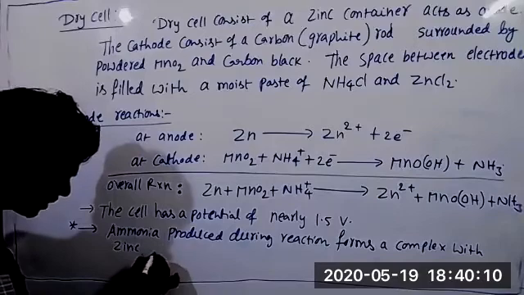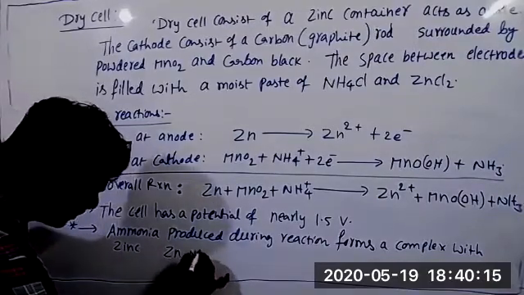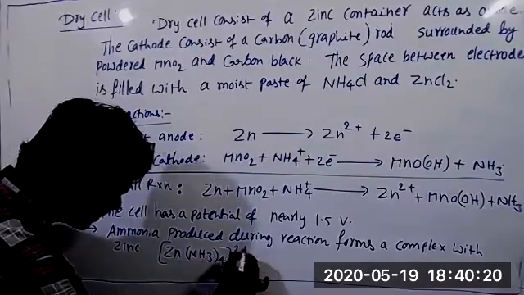In brackets, the complex is [Zn(NH3)4]2+.